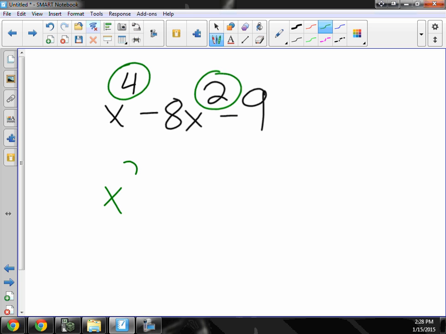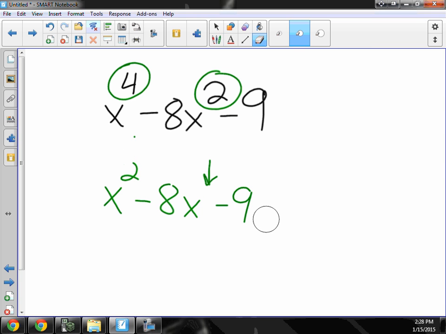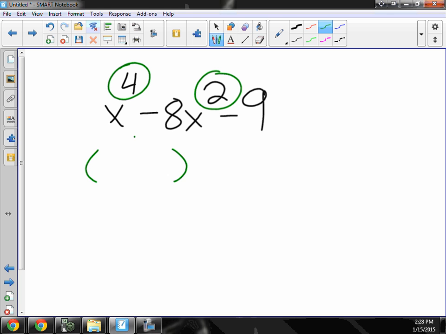This exponent is twice as big as that exponent. And that's the pattern for quadratics that we rely on in order to factor. So instead of putting x and x, what would I put there? X squared, and then we'd have minus 9 and plus 1.